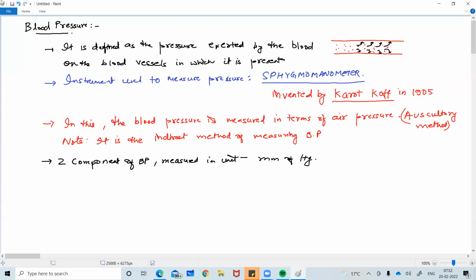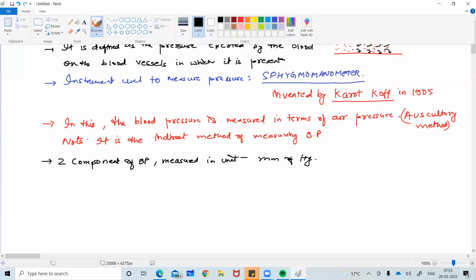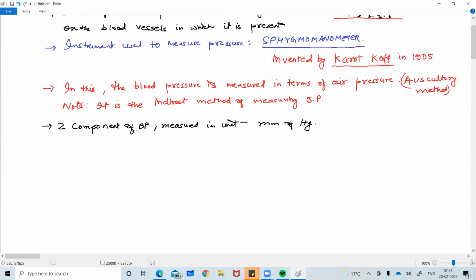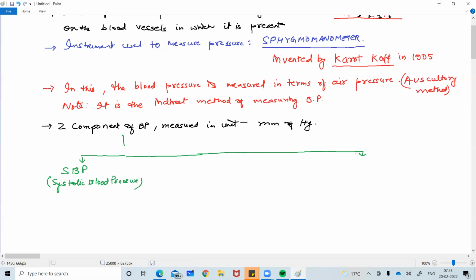Now, what are the two components? Let's talk about that. So the two components are, let me write it here, the systolic blood pressure, called SBP in short form, and the second is called diastolic blood pressure, DBP.